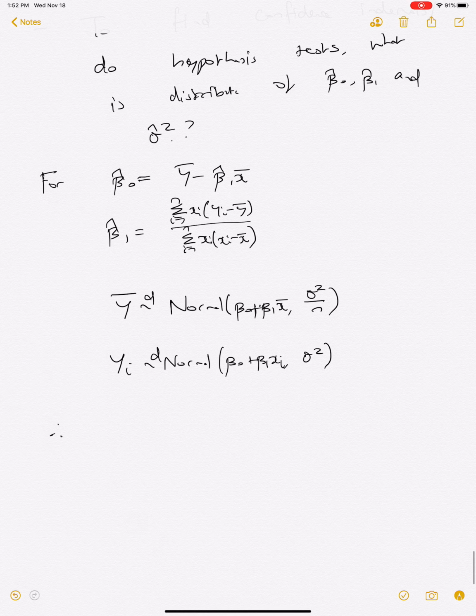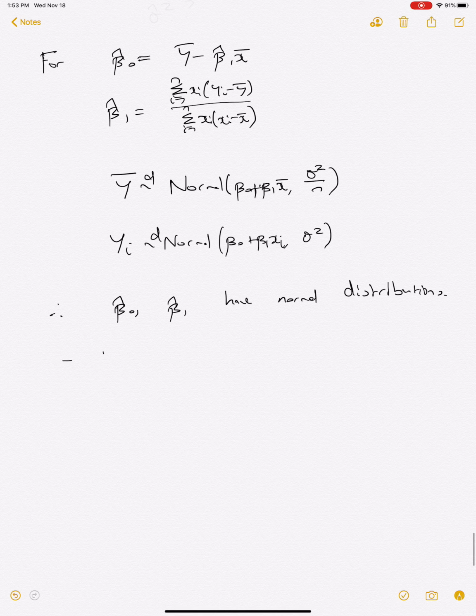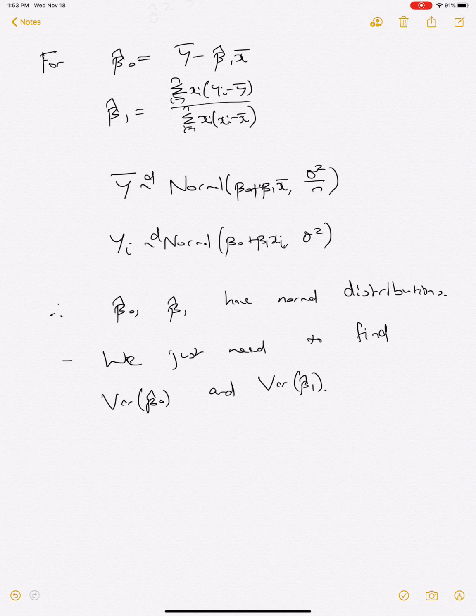Therefore we can say that beta hat 0 and beta hat 1 have normal distributions, because they're just linear combinations. We just need to find the variance of beta hat 0 and the variance of beta hat 1. We've already found their means.